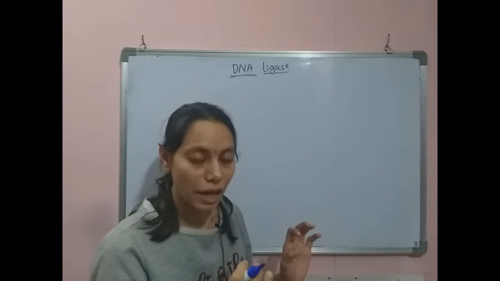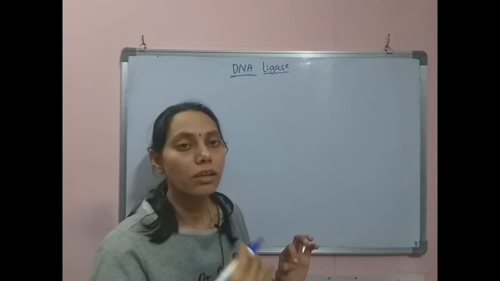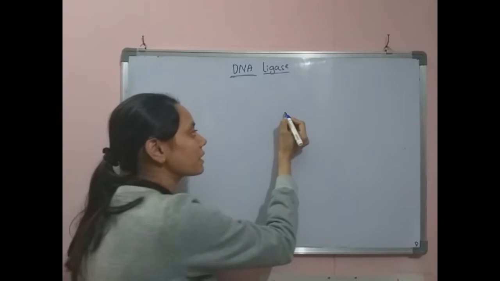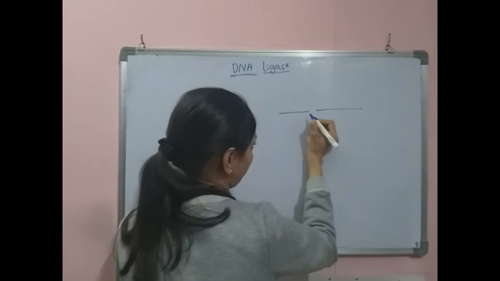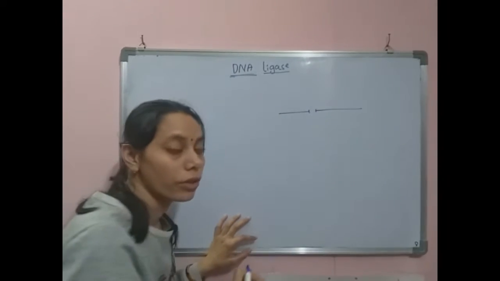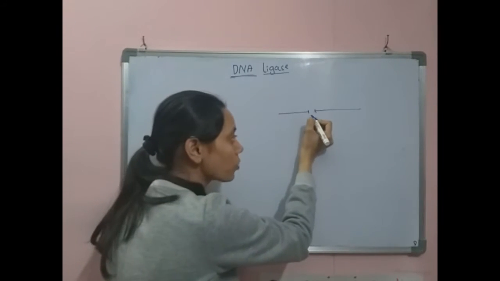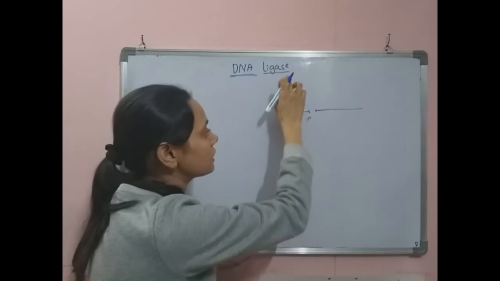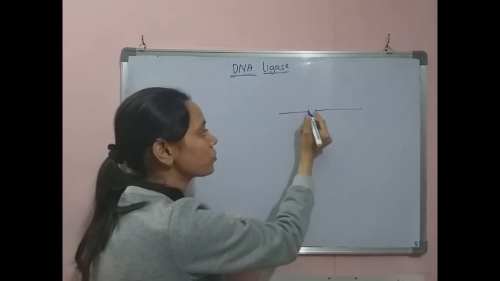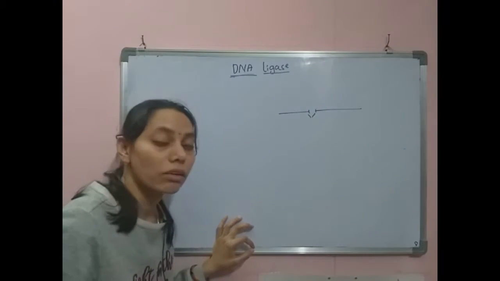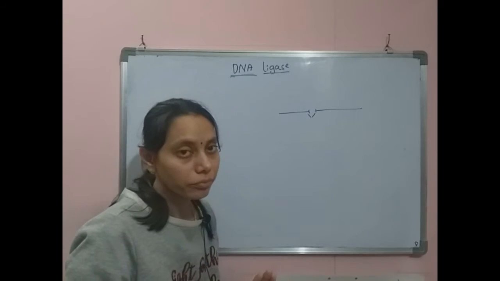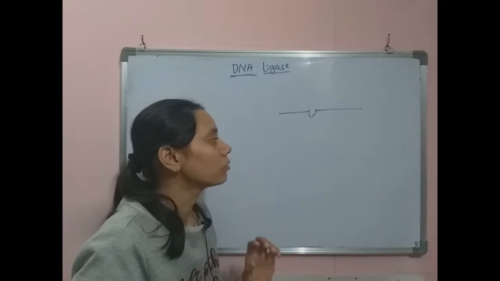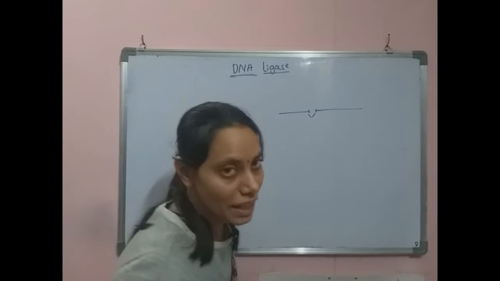It will not add any nucleotides to the strand, but it seals the gap. If there is no phosphodiester bond between two adjacent nucleotides, DNA ligase is able to form a phosphodiester bond between them. So it is basically a sealing enzyme.